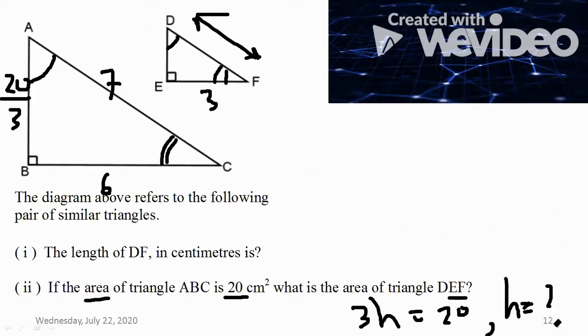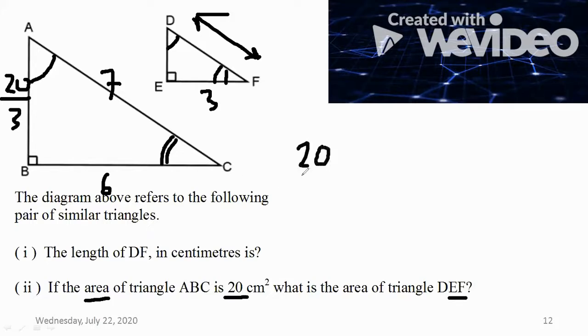The good thing about this video is that you can always pause and look over and see what's happening. Alright, so we're going to multiply 20 over 3, which represents the height of AB, times a half.